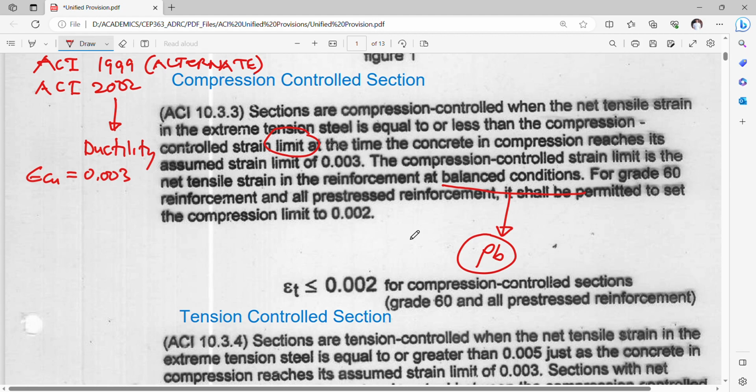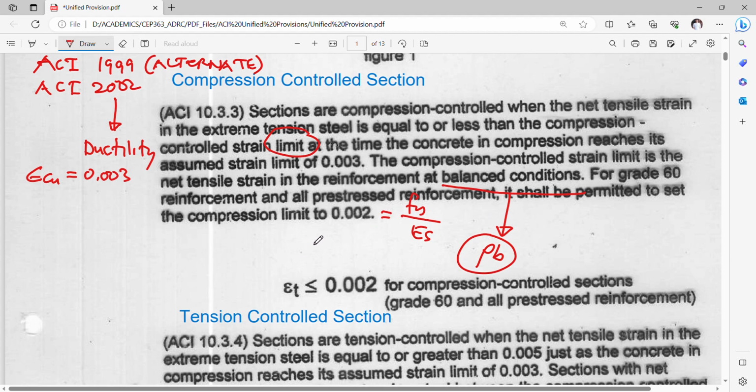For grade 60 reinforcement, this is equivalent to 0.002. This is simply a ratio of your Fy and your modulus of elasticity. So for grade 60, this is approximately 0.002 something.